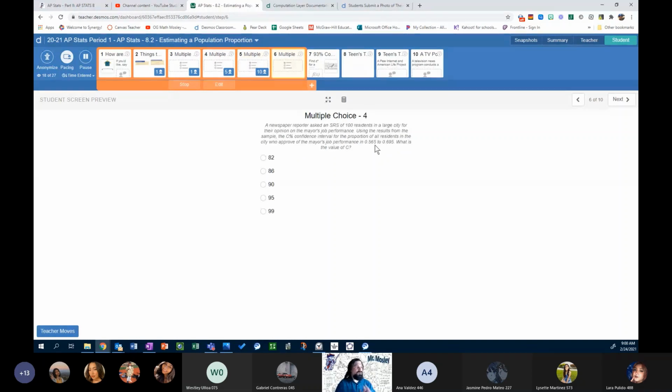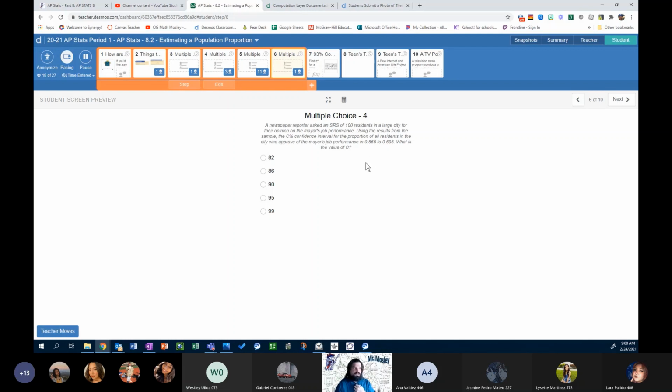Multiple choice number 4. A newspaper reporter asked an SRS of 100 residents in a large city for their opinion on the mayor's job performance. Using the results from the sample, the C% confidence interval for the proportion of all residents in the city who approve of the mayor's job performance is 0.565 to 0.695.